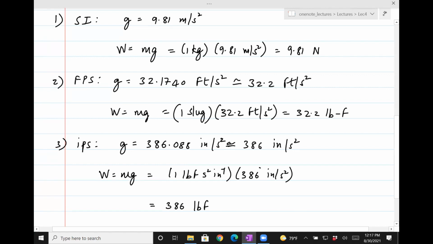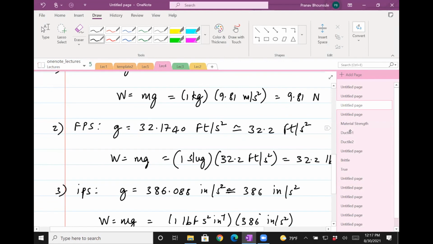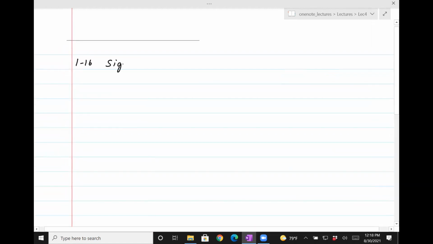Okay, let's move on to the final part of this chapter. Again, significant figures. So what are significant figures?